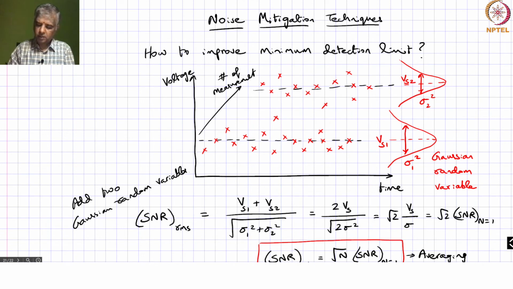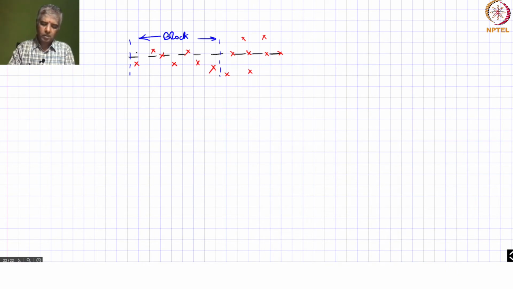The mean value remains the same, but each of these could potentially be characterized by a certain random process. So you could essentially get an improvement in the signal to noise ratio because of this.